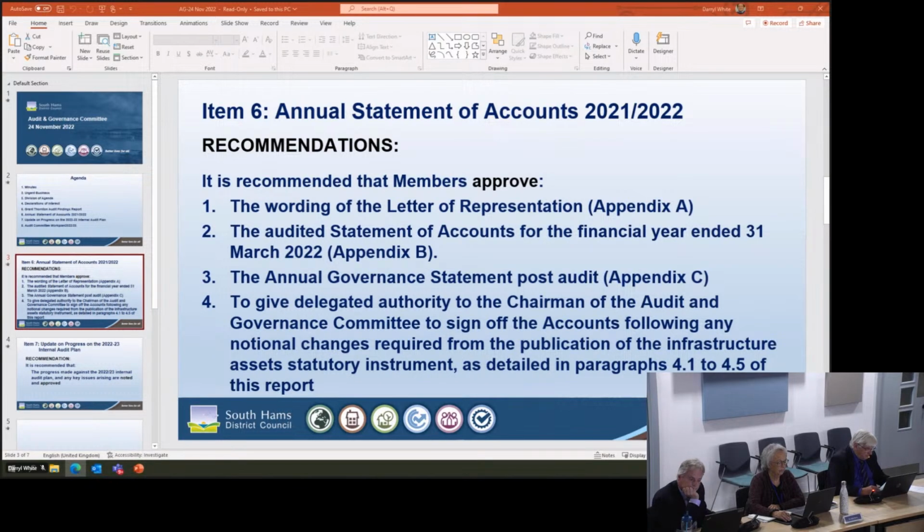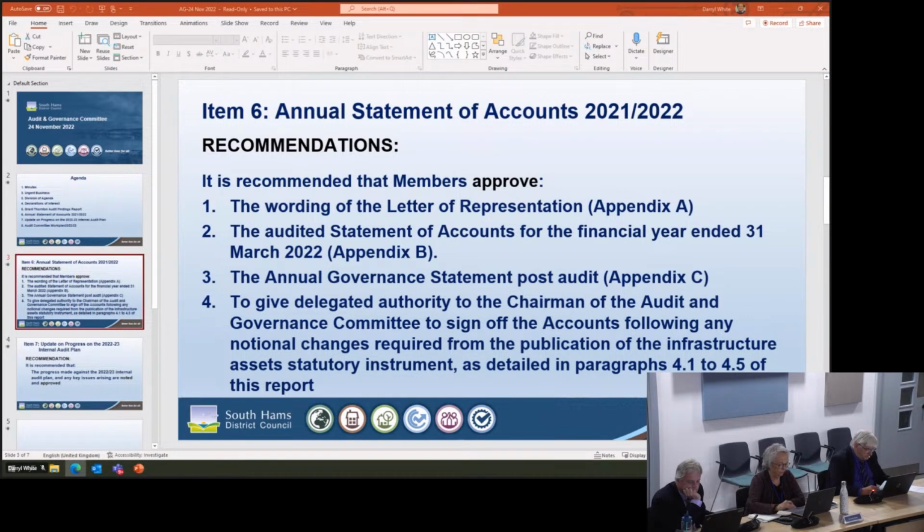The report recommends to give delegated authority to the chairman of the Audit and Governance Committee to sign off the accounts following any notional changes required from the publication of the infrastructure assets statutory instrument as detailed in paragraphs 4.1 to 4.5 of the report.